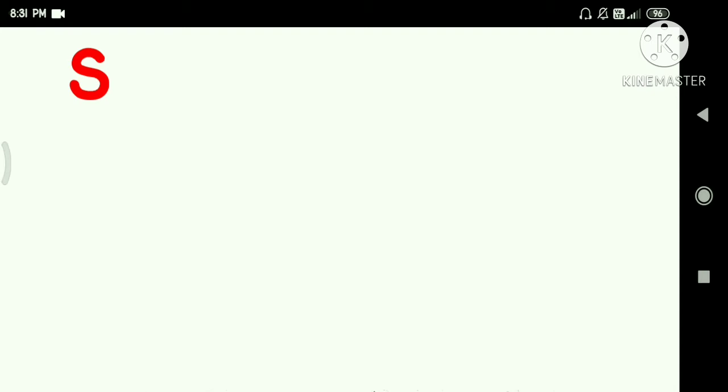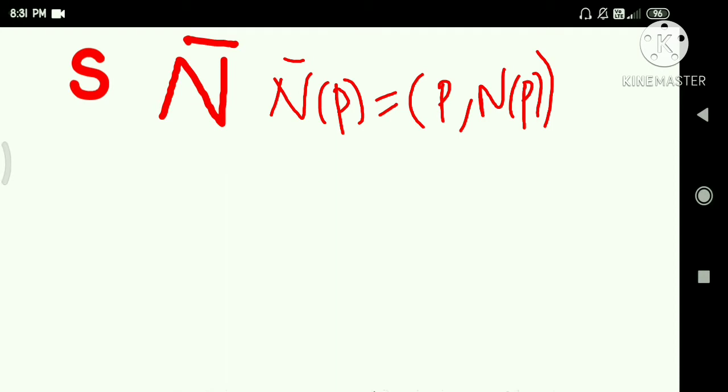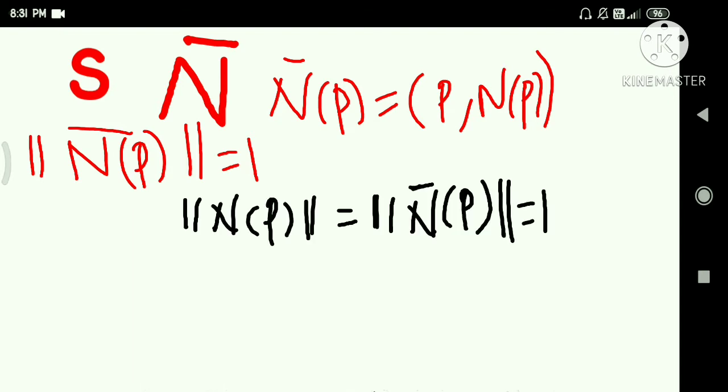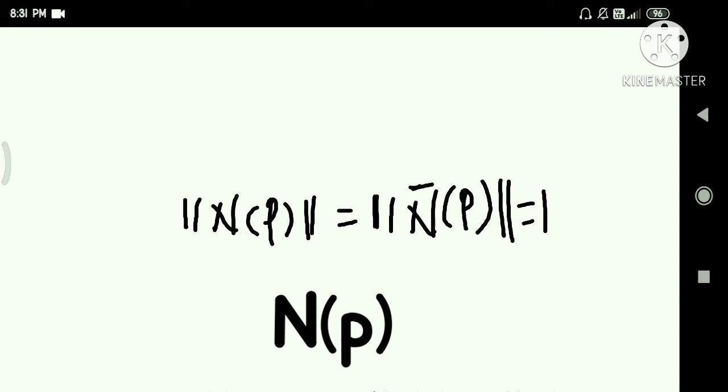Consider an oriented n-surface S with the orientation N, where N(p) = (p, N(p)) for each p belongs to S. Here, the norm of N(p) equals 1, which implies that this vector N(p) in R^(n+1) is a unit vector.